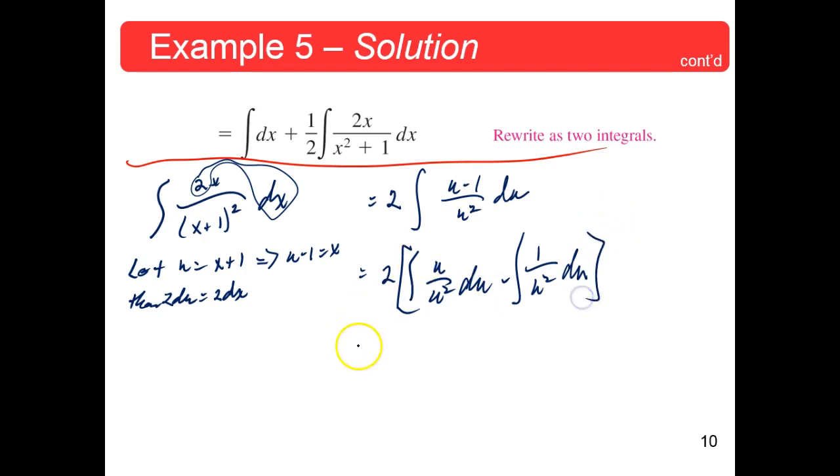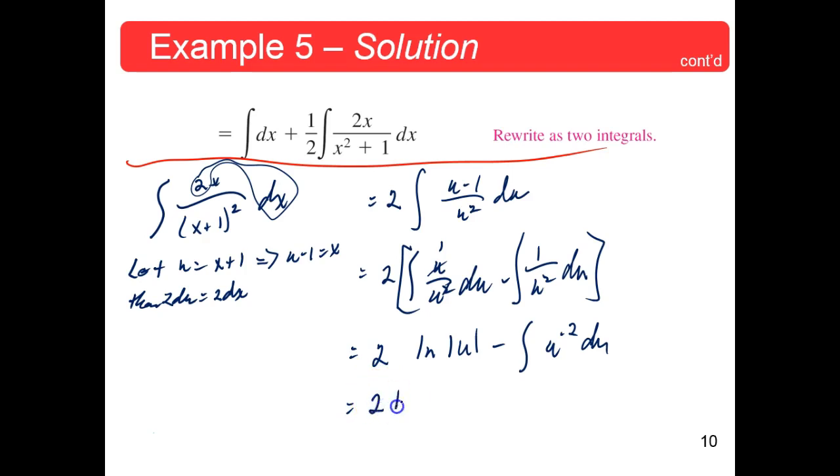Okay, now let's look at the first one. How can we simplify that integrand? Divide out a u, and that gives you 1 over u. What's the antiderivative of 1 over u du? Log of absolute value u. Perfect, okay? Minus, and how could you rewrite that second one? u to the minus 2 du, and that is easily integrable.